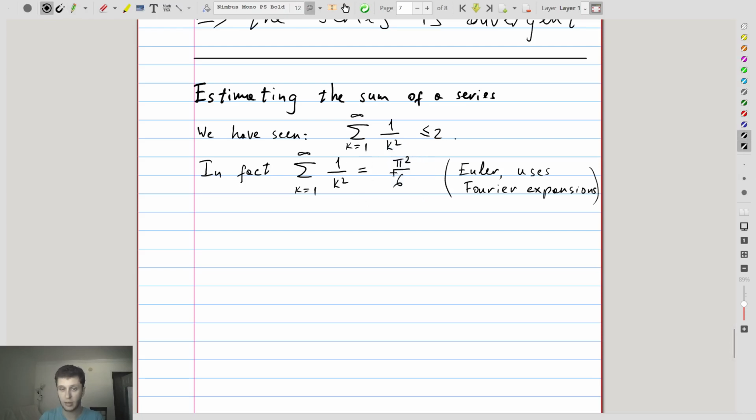Okay, so the only thing you can say is that the true infinite sum is less than or equal to 2. That's all that we can determine from the integral test. But it turns out that we can actually use the ideas from the integral test in order to estimate how well partial sums of an infinite series approximate its infinite sum.